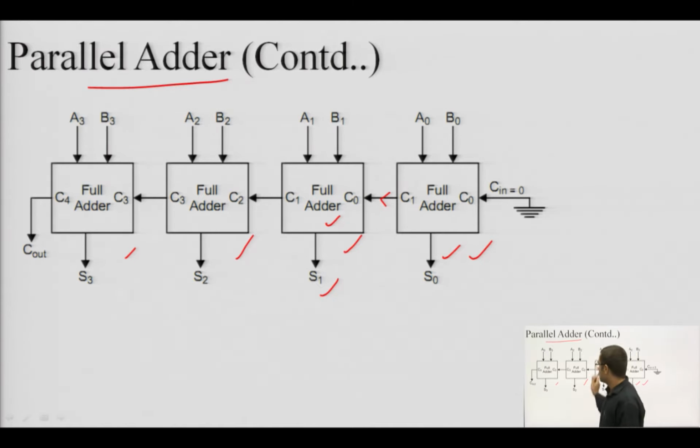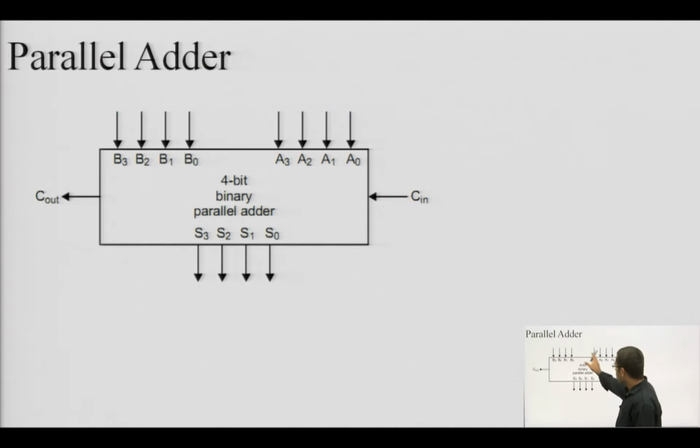Okay. So, this is the internal structure of this block level diagram of this 4 bit parallel binary adder. Okay. So, this is my first 4 bit number A3, A2, A1, A0, and this is my second 4 bit number B3, B2, B1, B0, and these are added together to compute S3, S2, S1, S0 as the 4 bit sum.